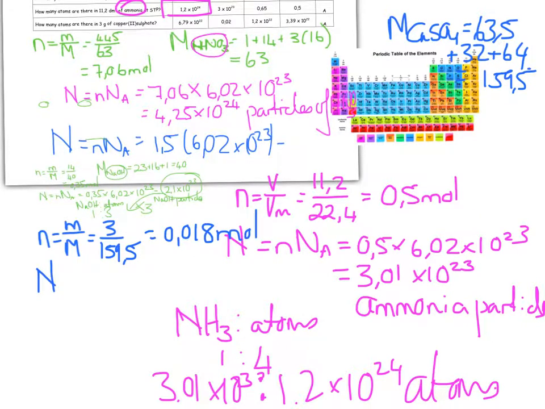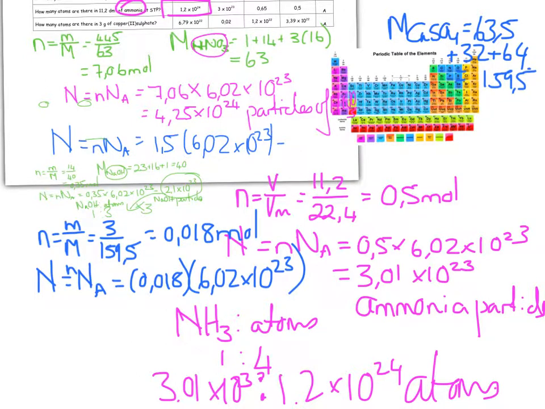Number of particles is number of moles times Avogadro's number, and that's going to be 0,018 multiplied by 6,02 times 10 to the power of 23. And we land up with 1,13 times 10 to the 22 copper sulfate particles.